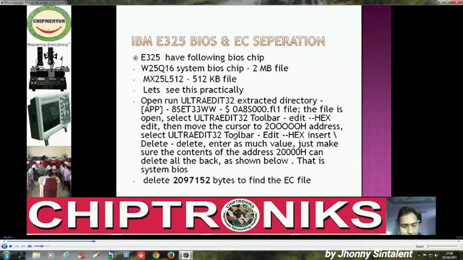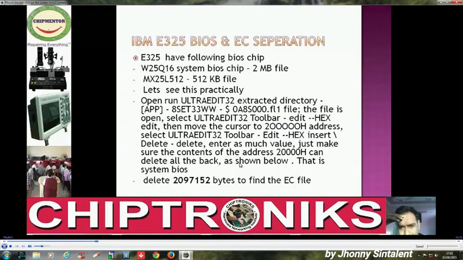All right, so let's see the IBM E325. There is another way to extract the IBM files, but that is only valid for the older version of IBM. Since IBM was overtaken by Lenovo, Lenovo has used its own way to pack these two BIOS files, and they now pack it in a little complex way.